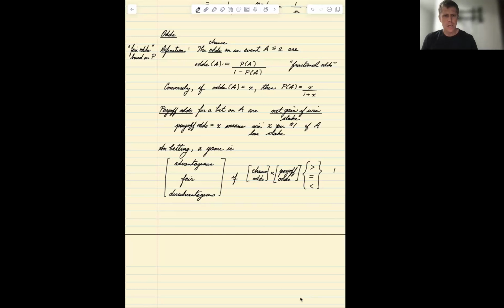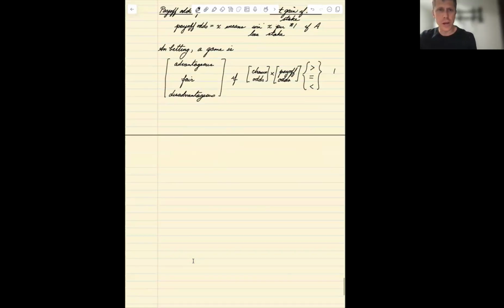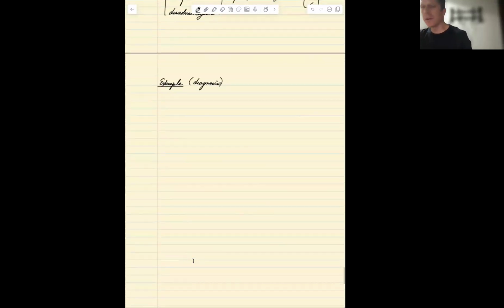Okay. We're not really talking about betting in this example, but it's one way to look at it. I want to show how we can do it in the case of a diagnosis, an example here of a diagnosis, and how we can interchangeably write things in terms of probabilities or in terms of odds, depending on what we prefer.